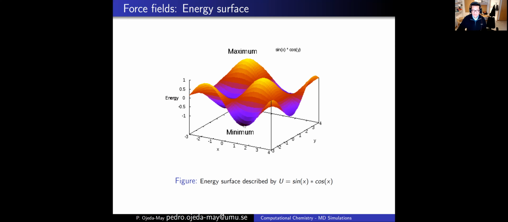And if, for instance, the temperature is not appropriate, or the conditions are not appropriate, then they won't be able to get to this region here. And that will be a problem, because in molecular dynamics, to get precise and accurate results, we need the system to know everything, or most of the energy surface that it is exploring.